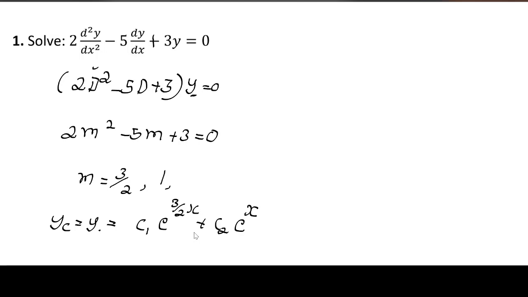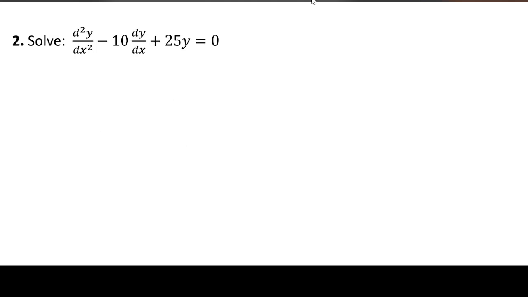Let us move on to the second problem. Here we'll see a problem with case 2, that is, we have a real repeated root. To save time, I will go directly to the auxiliary equation without writing it in the standard form. Here the auxiliary equation will become m² − 10m + 25 = 0.